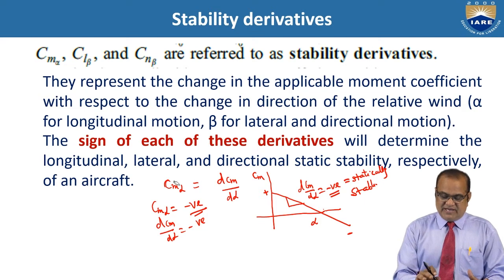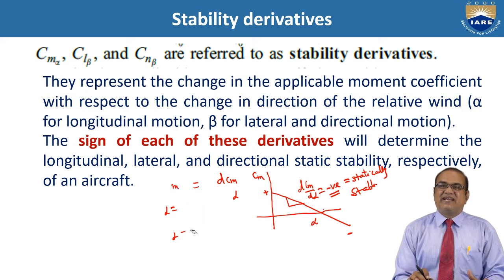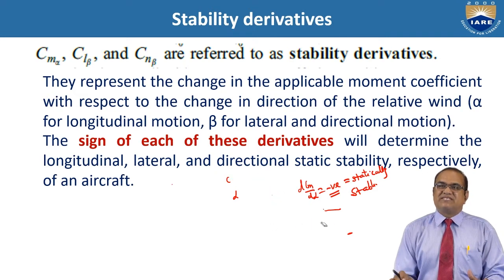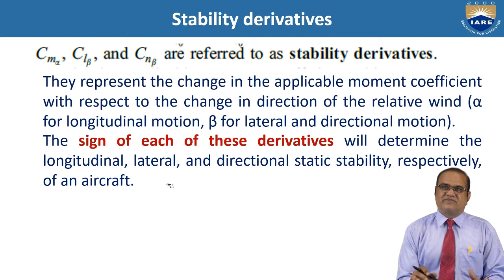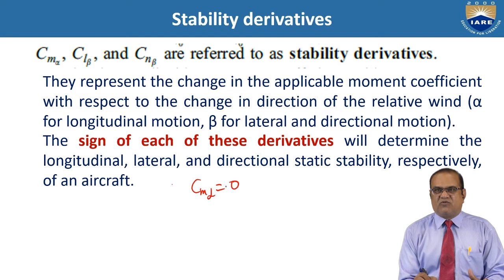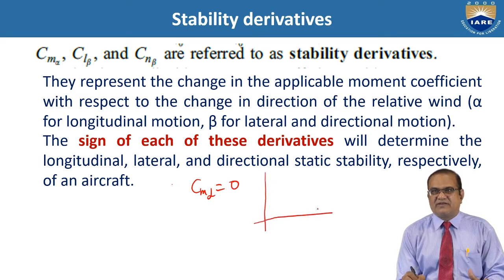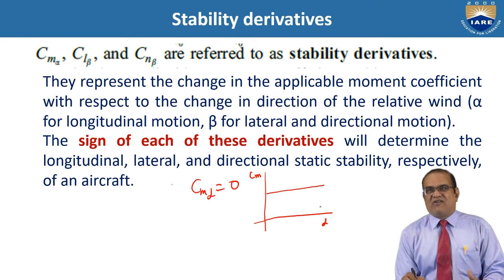Assume that dCm by d alpha is 0. Okay, then what will happen? Just you see, Cm alpha is equal to 0. It means if I draw a plot, Cm versus alpha, this plot is parallel to alpha.